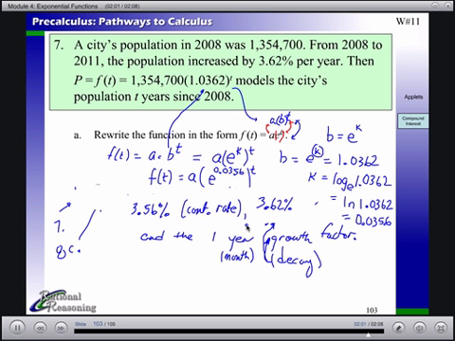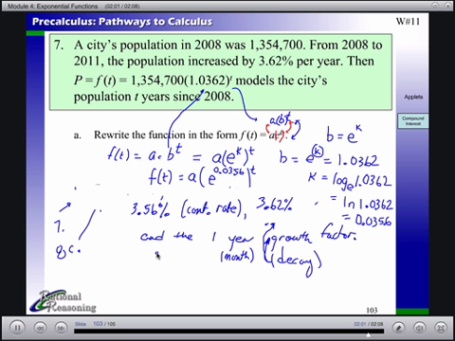And we said what rate, if we kept compounding every moment, would result in a true increase of 3.62%. So the 3.56, when combined with continuous growth, results in a true percent increase of 3.62%.